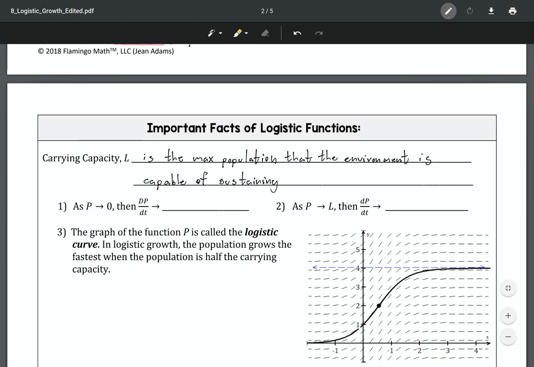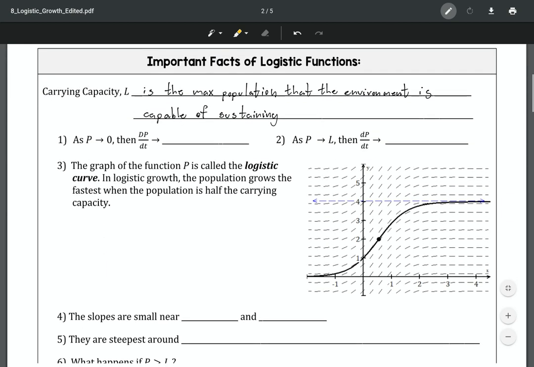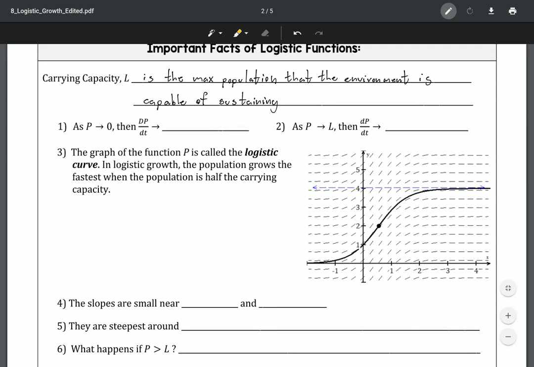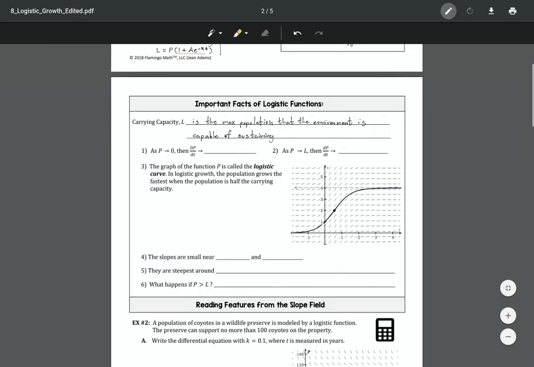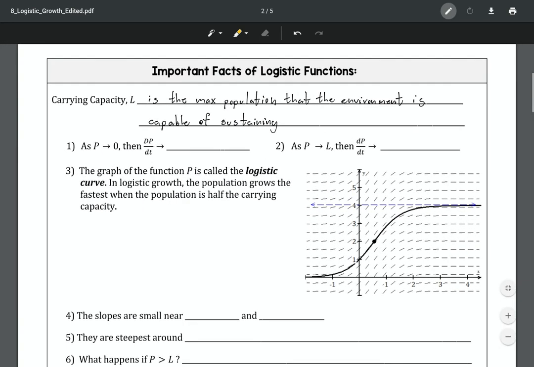So again, this differential equation is really a more realistic type of function when it comes to population specifically, and other uses that we're going to talk about later. But think about it. As the population goes to 0, then dP becomes kP. Oh, excuse me. All right, dP becomes kP.